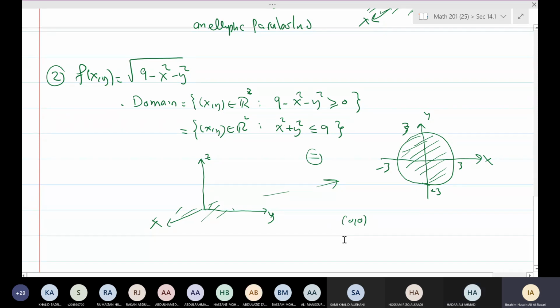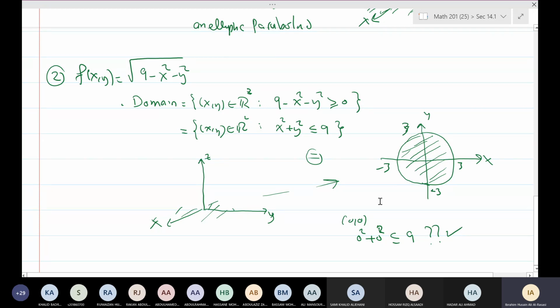Does the origin satisfy it? You substitute: 0 squared plus 0 squared less than or equal to 9. Is this true? True. Then it is the inside. Checking one point is enough to decide whether it is inside or outside.